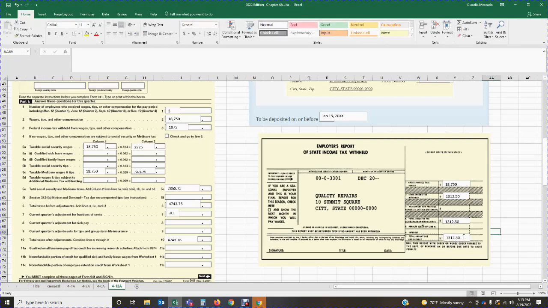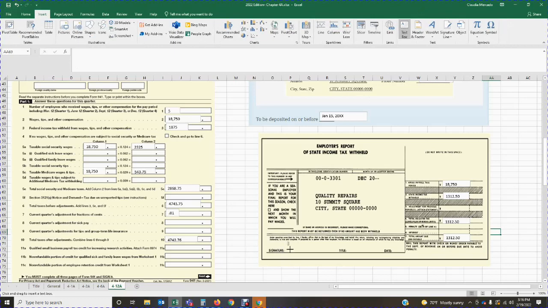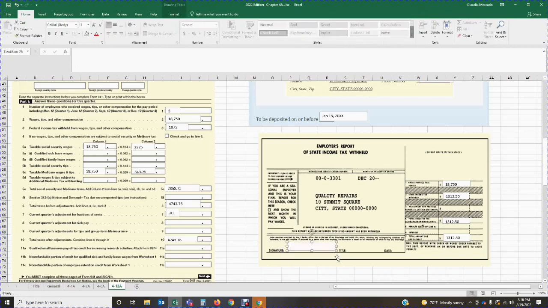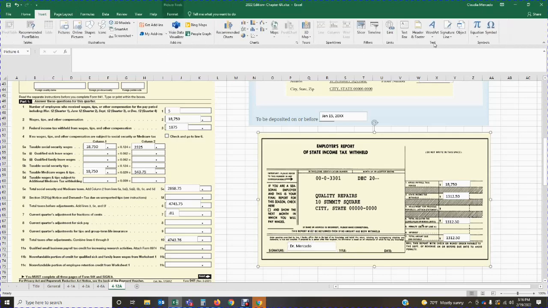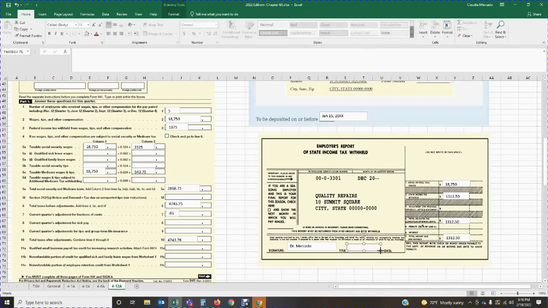Okay, so that is the form. Very straightforward. You have to complete the form based on the information provided, and there's really not much to it. Remember to sign the form. The title of the person signing the form is president. And the date.